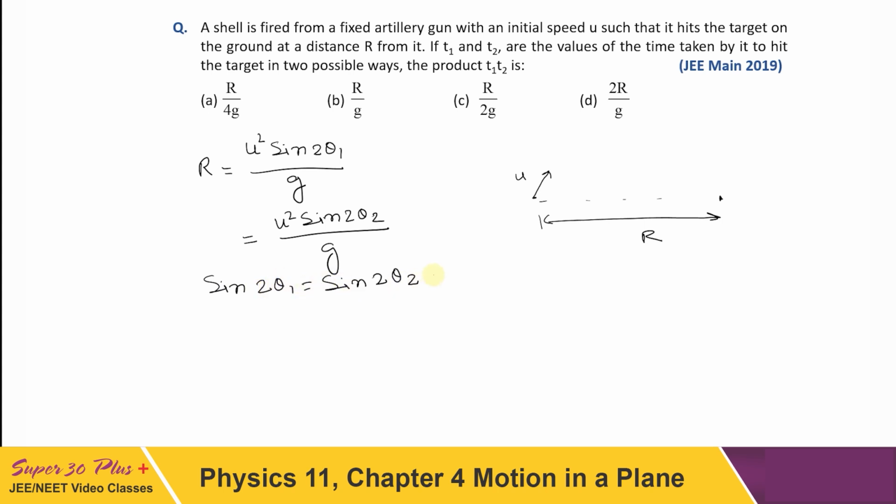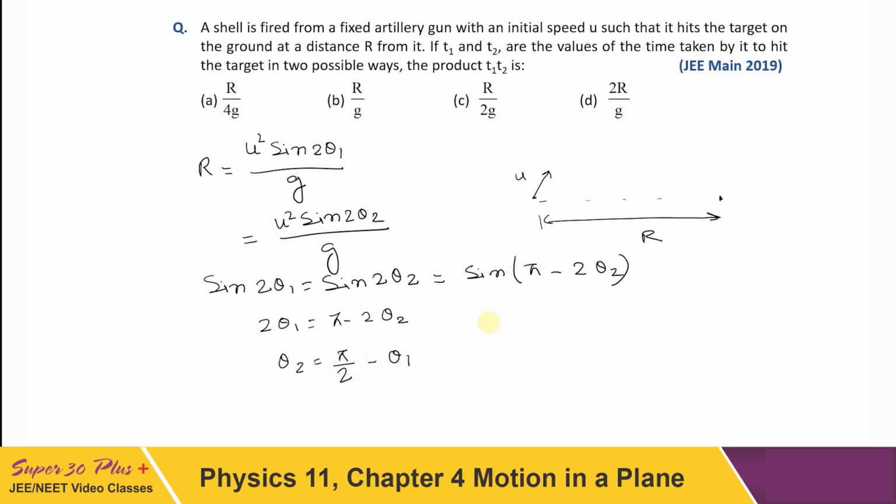Now it can be written as sine (pi minus 2 theta 2), as we know that sine (pi minus theta) gives sine theta only. Or we can write 2 theta 1 is equal to pi minus 2 theta 2, which gives theta 2 is equal to pi by 2 minus theta 1.